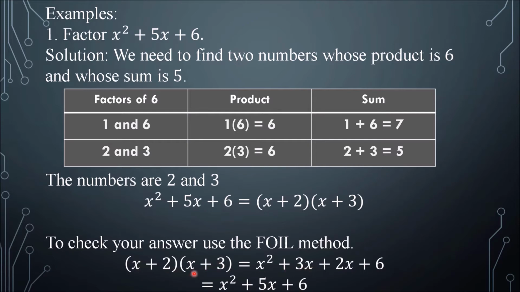Inner, 2 times x, 2x. And then last, 2 times 3, 6. Simplifying, combining 3x and 2x, we have x squared plus 5x plus 6. Therefore, the factored form of x squared plus 5x plus 6 is x plus 2 times x plus 3.